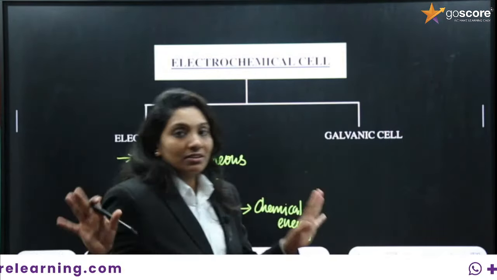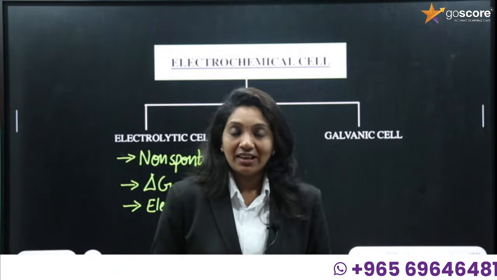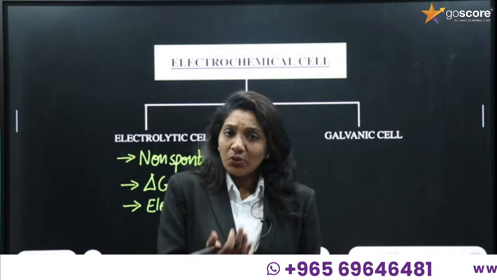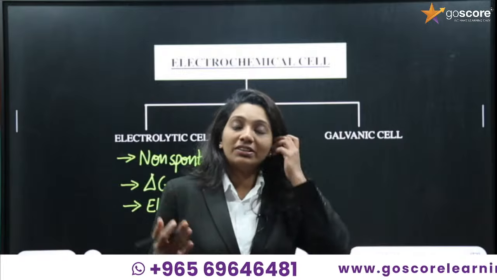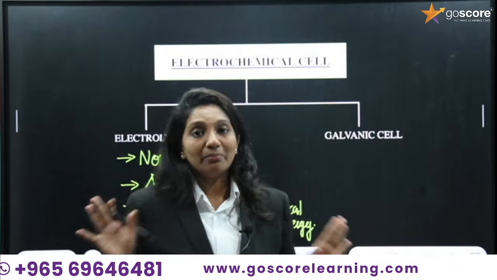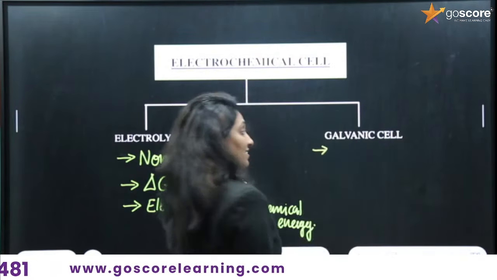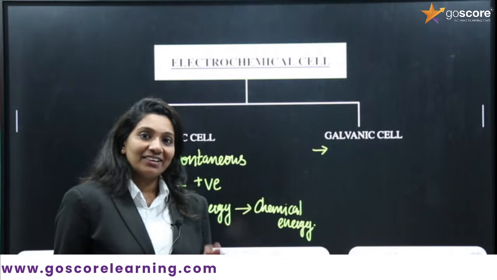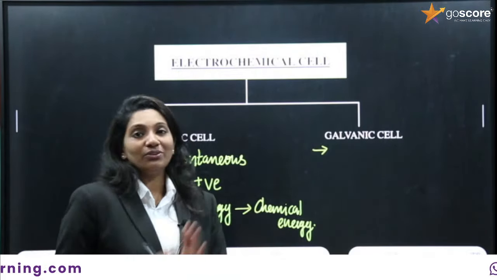Now your phone is fully charged, right? Once you remove it from the electric socket, whenever you open it, you can use it. There is no need of further giving electrical charge to use it, until the battery is empty. So the galvanic cell is spontaneous. No need of an external push, it will work on its own.